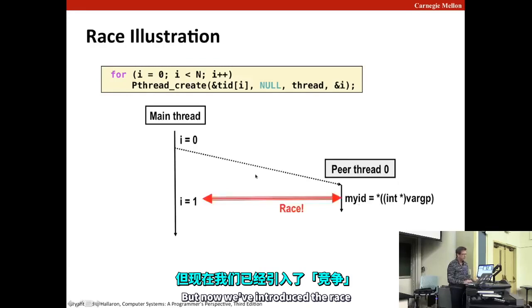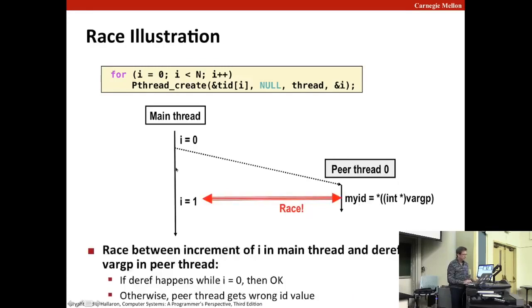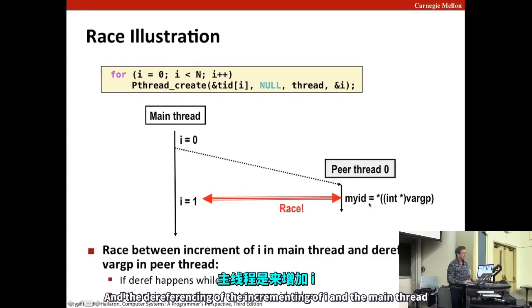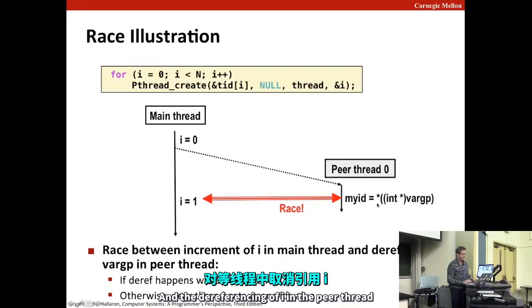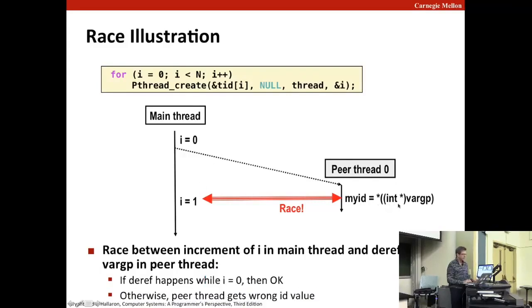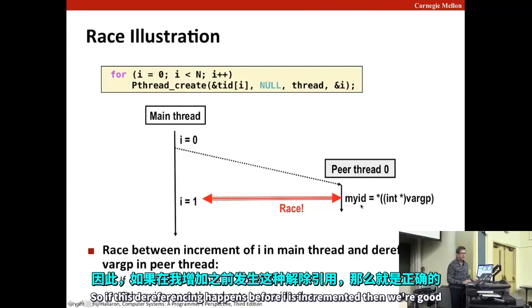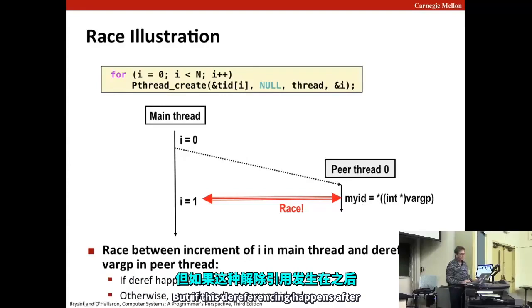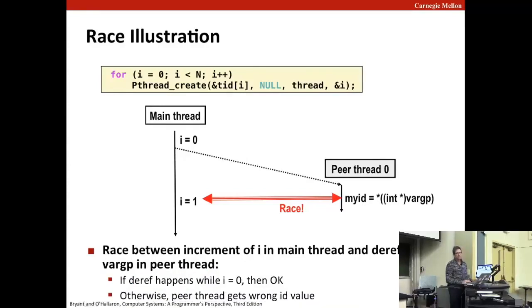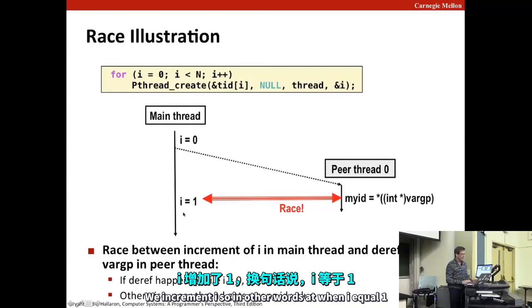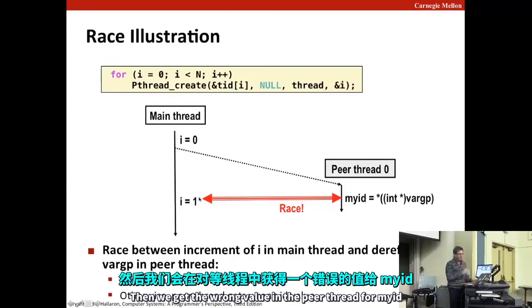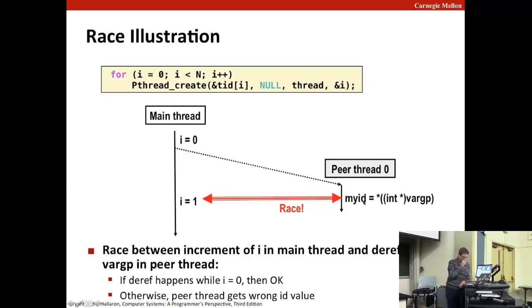But now we've introduced a race between the incrementing of i in the main thread and the dereferencing of i in the peer thread. If this dereferencing happens before i is incremented, then we're good. But if it happens after we increment i, so in other words when i equals 1, then we get the wrong value in the peer thread for my ID.